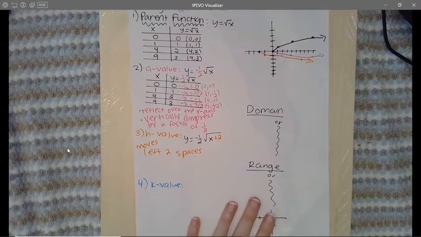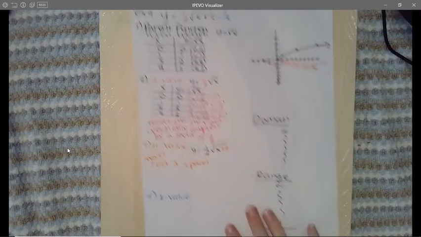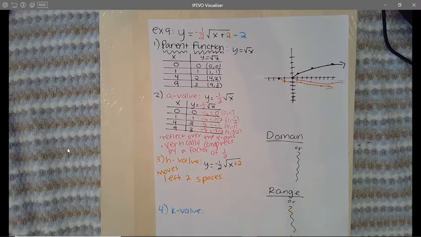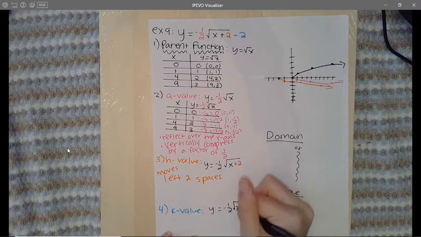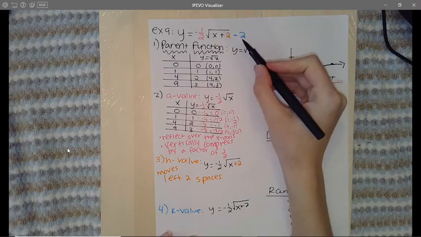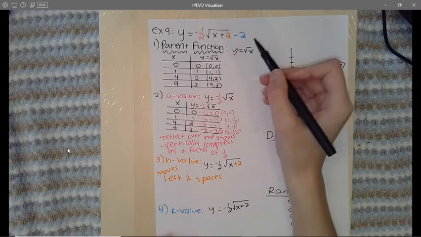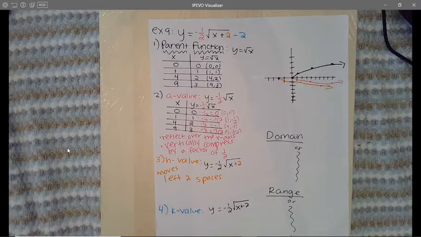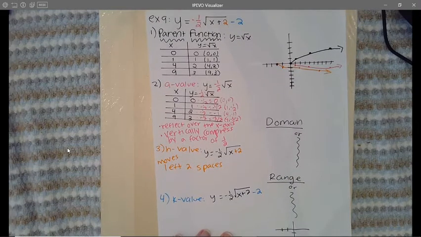It'll be all good. Okay, and then lastly, you guys, we're going to be graphing the k value. So I'm going to start from my most recent equation. So it's going to be y equals negative 1/2 times the square root of x plus 2. And I'm going to add on my k value, which the only other value is this -2. Don't forget, you guys, the k value is whatever's added or subtracted onto the very end of this equation after the square root.